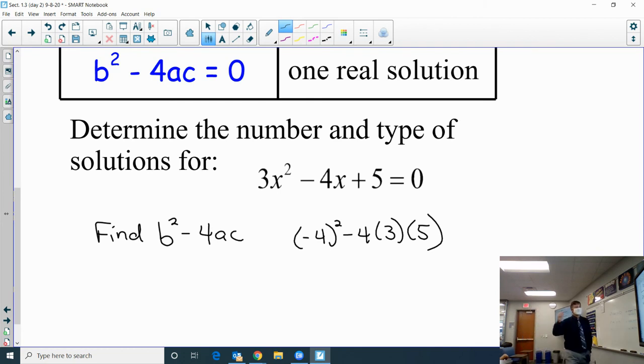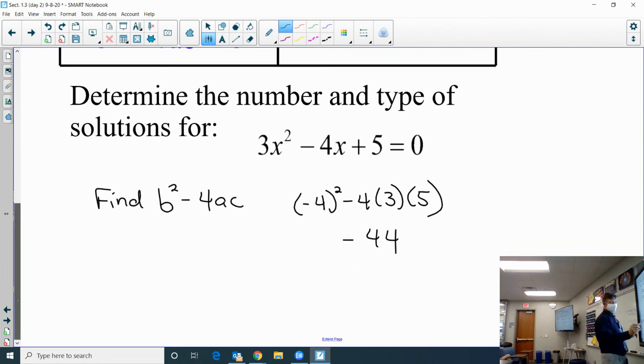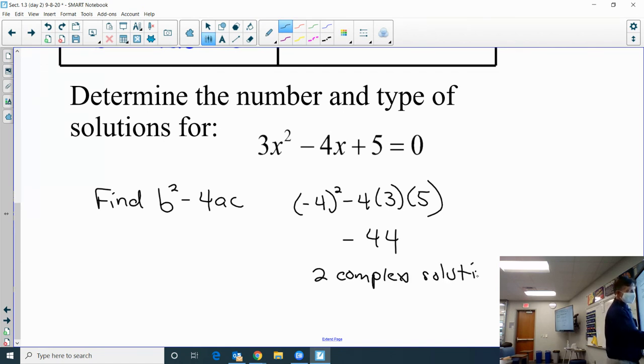Negative 44. All right, so I got a negative number, which is less than 0, so that means I have 2 complex solutions. All right, for that.